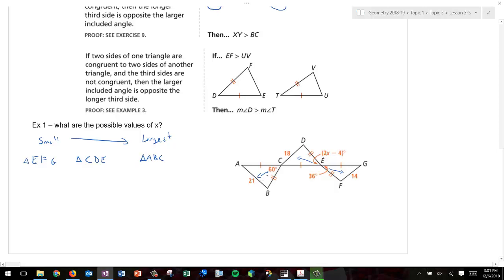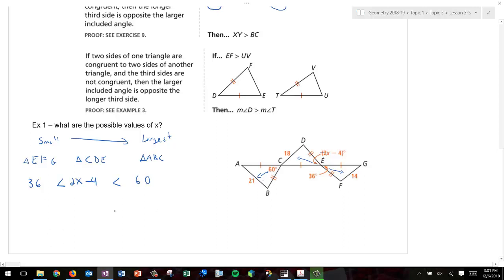Across from each of these, looking at their side lengths, that tells me that whatever x is going to equal, it's going to be larger than my 36-degree angle. At the same time, we know since 18 is less than 21, that the angle we're looking for has got to be less than 60.